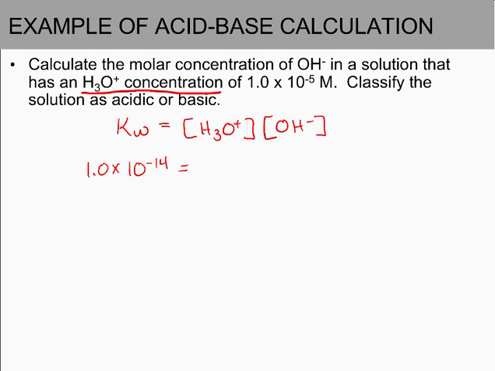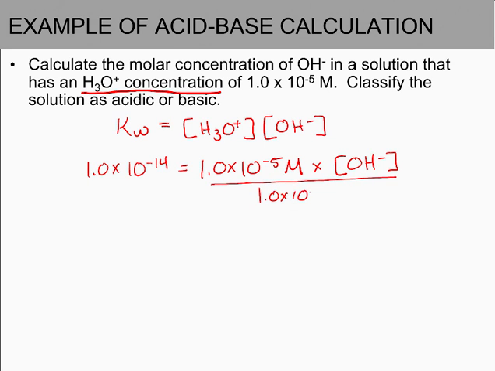So let's just plug in the concentration of the hydronium ions, and then that's multiplied by the concentration of hydroxide ions, which we don't know, so we're going to solve for that. Okay, so let's rearrange. We're going to divide both sides by 1 times 10 to the negative 5th.